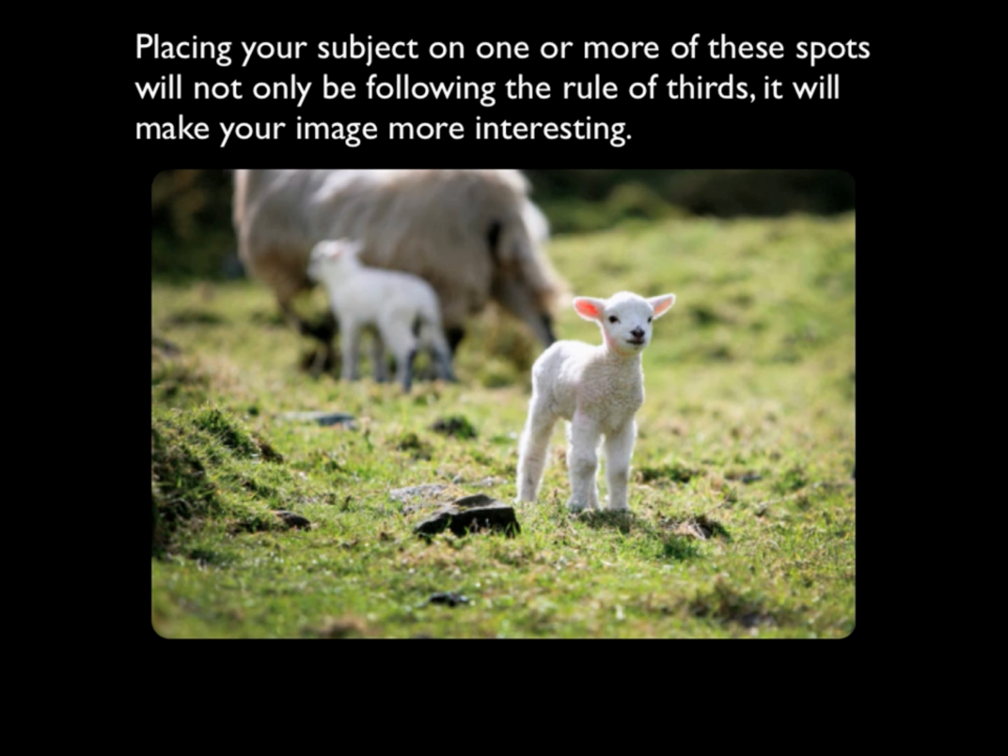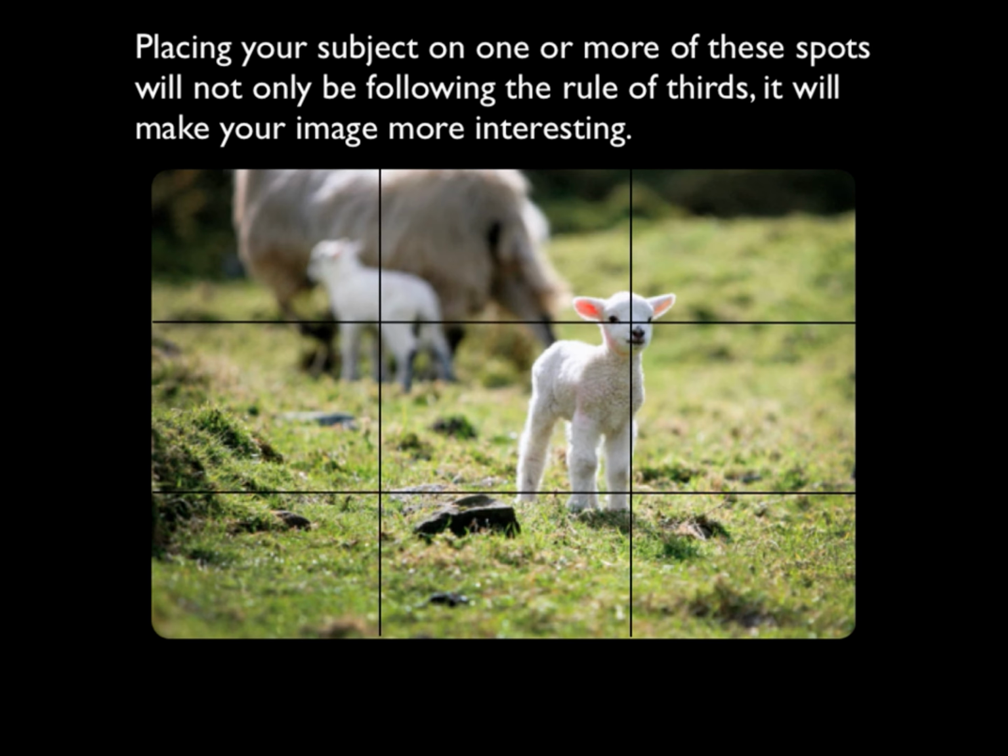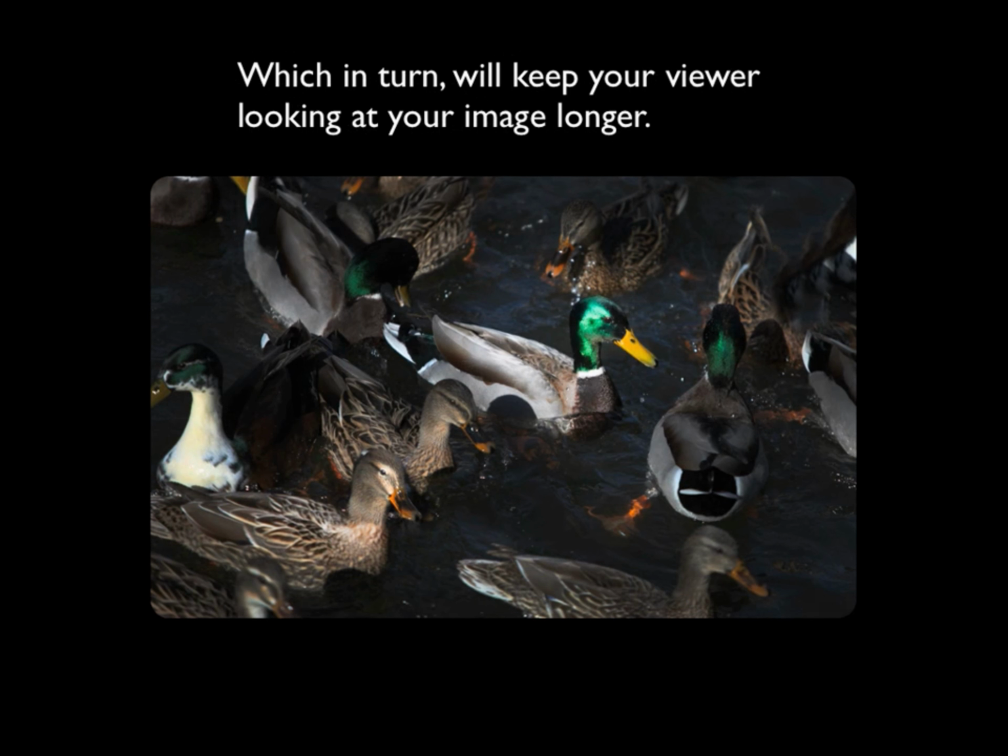Placing your subject on one or more of these spots will not only be following the rule of thirds, it will make your image more interesting. Which in turn will keep your viewer looking at your image longer.